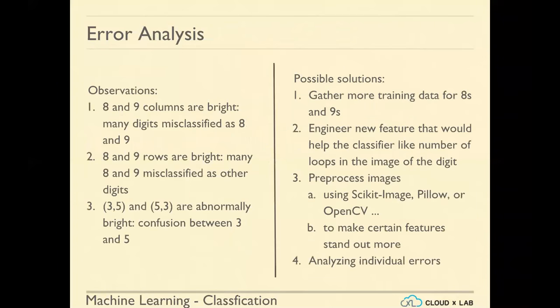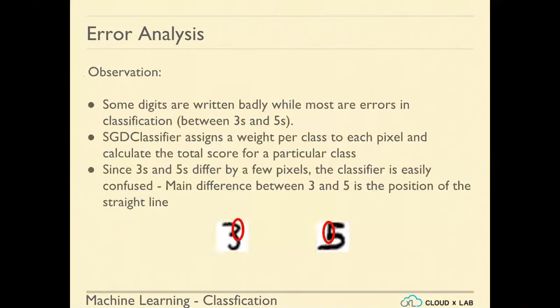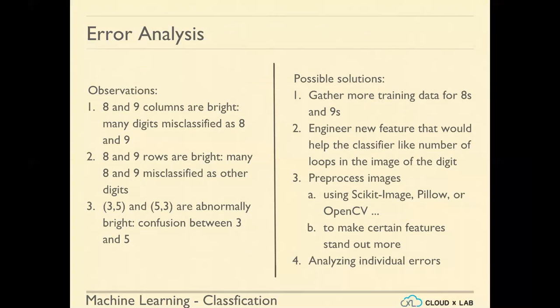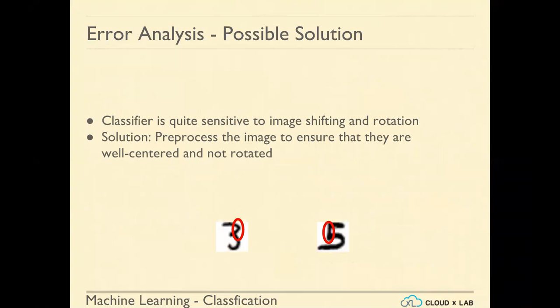So that's the conclusion. Take a look at the individual errors closely so that we would know what exactly is going wrong. And the third part was we again pre-process the image and engineer new features like number of loops. These were the conclusions, and we won't be going into individual solutions right now, but you can give it a shot and try to improve the performance using either of the techniques.